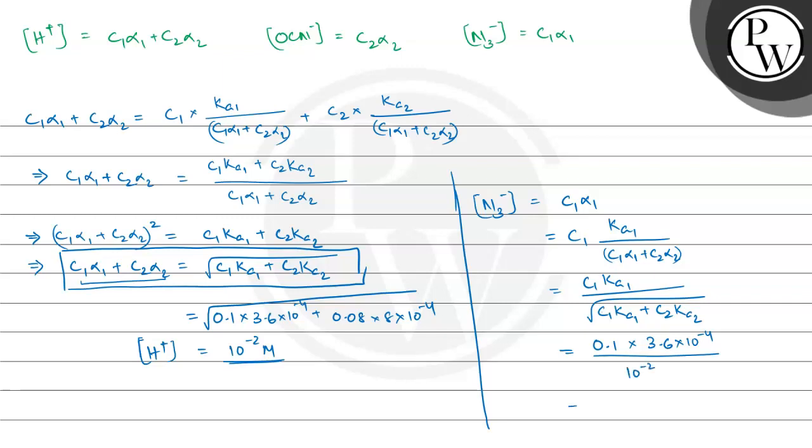10 raised to the power minus 2, and this value is equal to 3.6 multiplied by 10 raised to the power minus 3 molar. Alright, so this is the concentration of N3 minus. And let us talk about the concentration of OCN minus.